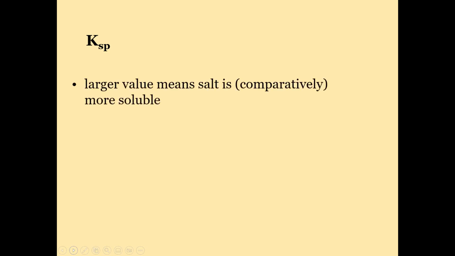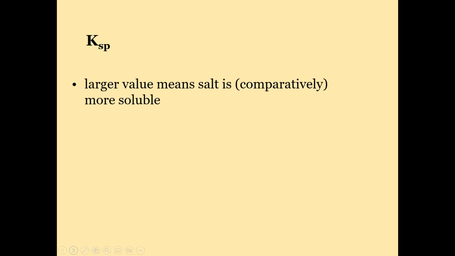All right, so looking at what KSP actually is, and this is going to be set up the same way that we have done K in previous lessons. But that K value, a larger K value means that the salt is comparatively more soluble than a substance with a smaller K value.